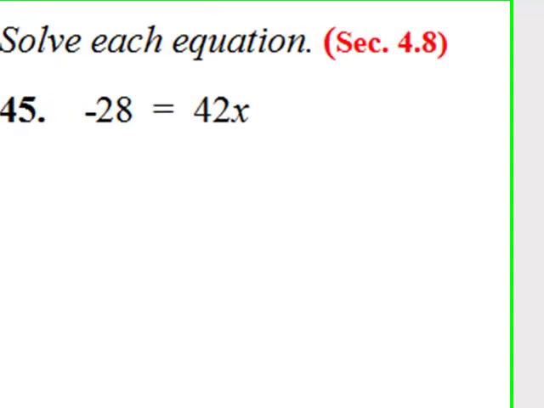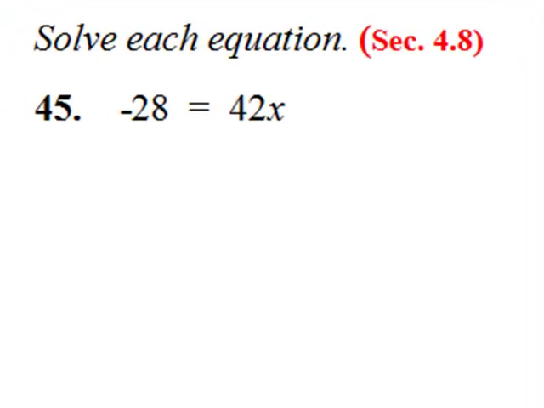In section 4.8, we have two problems to solve here, number 45 and number 46. And in each, we want to isolate the variable. In number 45, we need to divide each side by 42. And so we get x by itself on the right side.